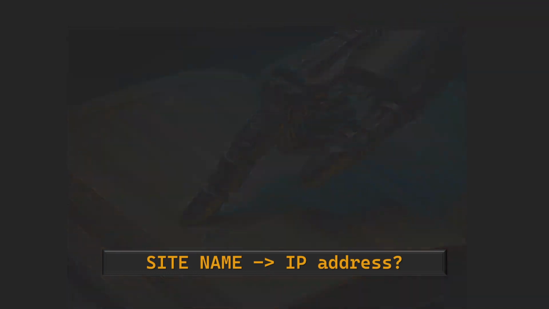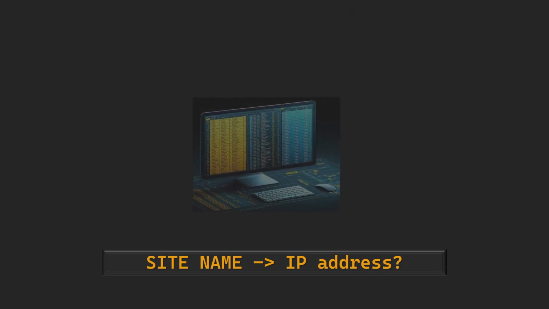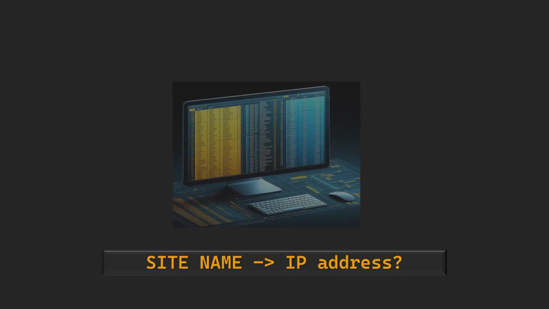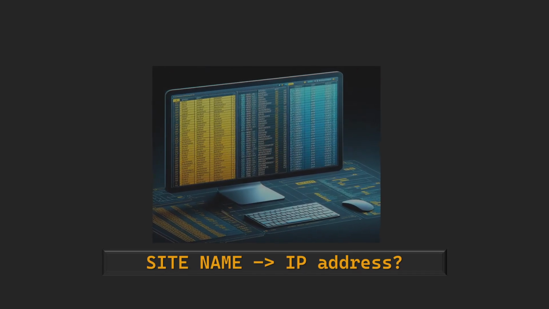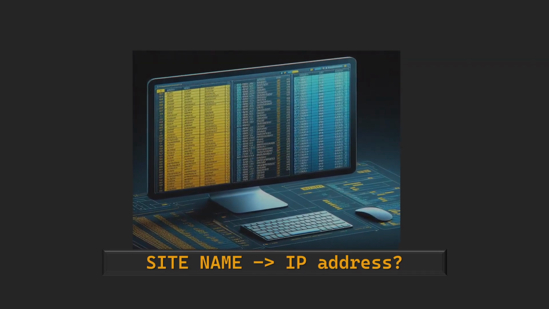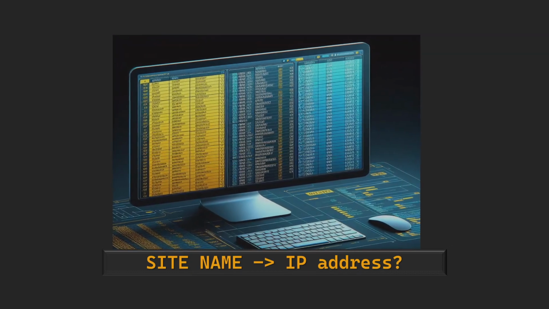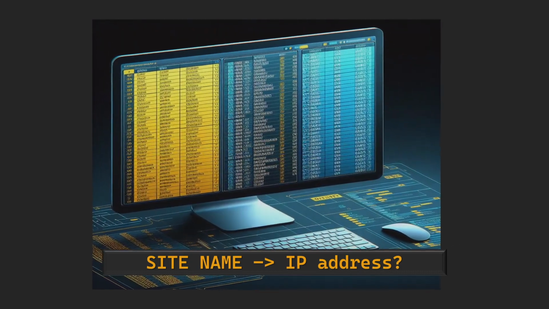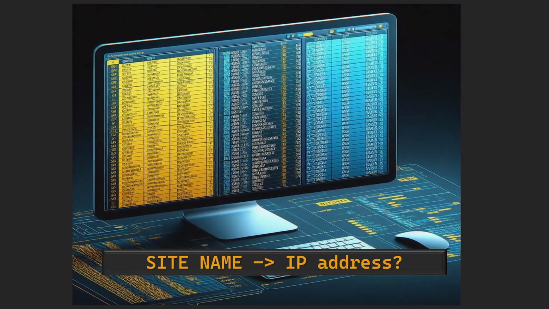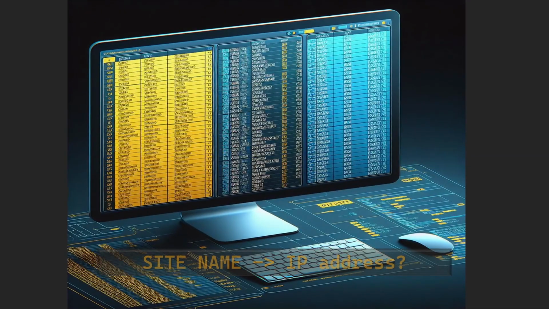After all, it cannot be that everyone has their own address book of the internet, or a local file where there is a mapping of website names and IP addresses that would also need to be updated. Today we will explore the technology that solves this problem. Our task will be to understand how a site name transforms into a specific IP address.